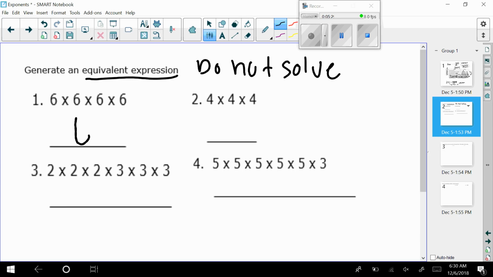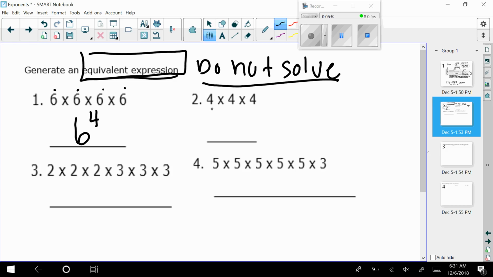I would write my base of 6. How many times does it repeat? 4. So I can write that like this, 6 to the 4th power. Now remember, it didn't ask you to solve it. It just said write an equivalent expression, okay? So the more you read, the less work you have to do, okay?